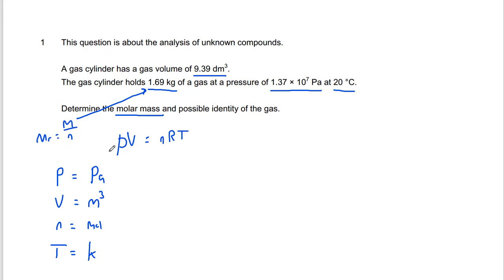The moles is what we don't know, and that's part of the ideal gas equation. But we are given pressure in pascals, 1.37 times 10 to the 7, volume 9.39 decimeters cubed, and temperature 20 Celsius. So all we need to do then is rearrange the ideal gas equation to solve for the number of moles. And the way I'm going to do this, I'm going to get rid of this little circle here.